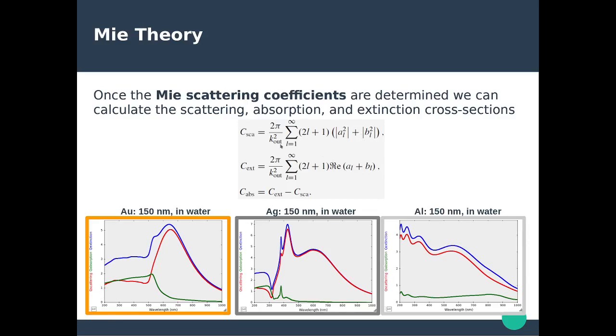That's basically the first expression up there. And then at the bottom you have the green, which is the absorption spectrum. So you can see that for the same size and same surrounding environment, because you change the composition, you're going to change the response. So no more just a single Lorentzian resonance as we obtained with the quasi-static approximation.